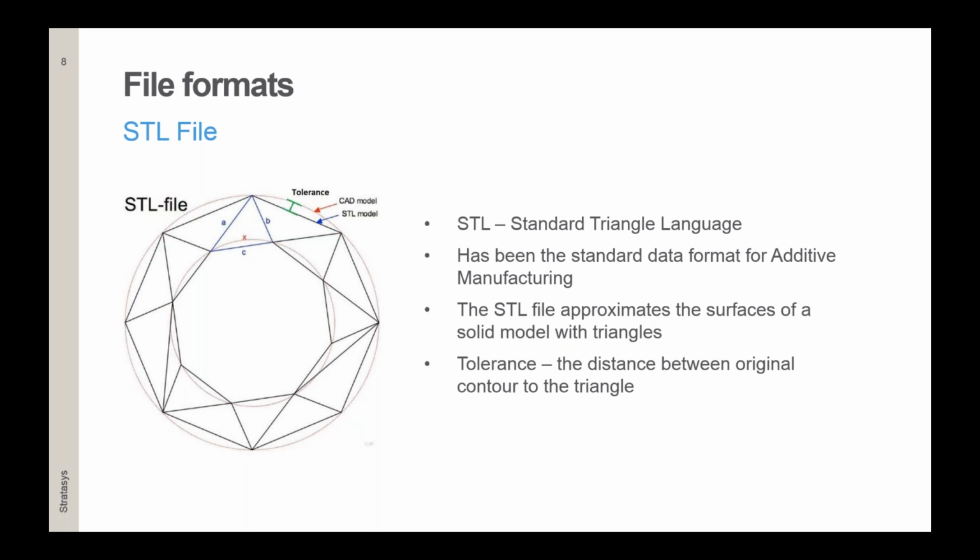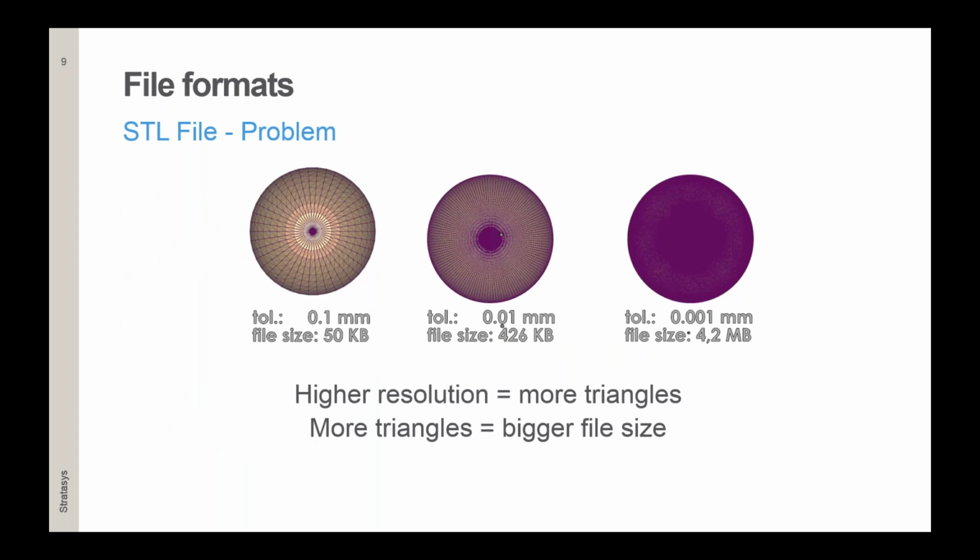Depending on the tolerance, which is the distance between the original CAD contour and the nearest triangle, the tessellated model can still be not as accurate as the actual model. It also misses some of the original CAD data, like information on multiple bodies, component structures, colors, and textures. And depending on what you need from the file, this is a problem which the tessellation step creates.